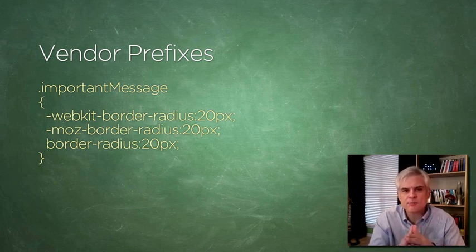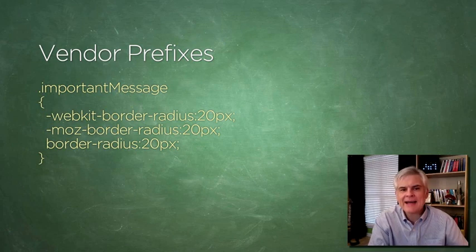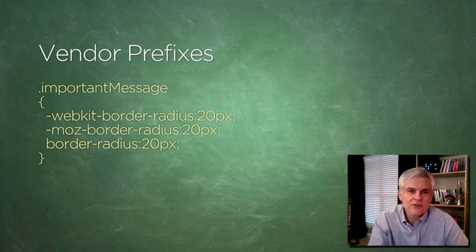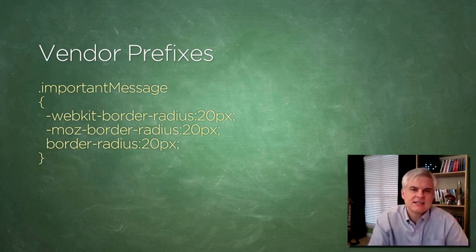Some vendors want to support a particular new and upcoming feature of CSS Level 3 right now, today, so they add their vendor prefix to that property and they support that property unofficially so that it allows web developers like you and I to get our feet wet, to try it out, and then provide feedback to the browser vendor. All other web browsers then would ignore that property, especially if it has that vendor prefix in front of it.